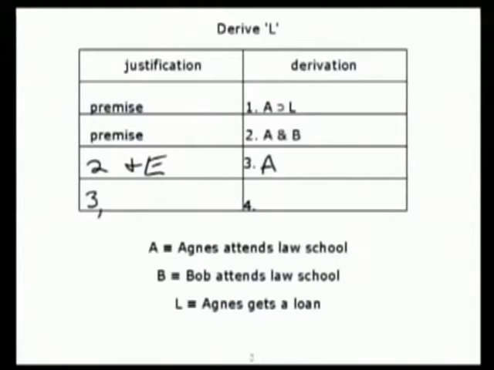That's line 3, and line 1 is the material implication. So from line 3 and 1 by horseshoe elimination, we get our L. QED. Okay, is that pretty plain? All right, then we'll need one more rule.